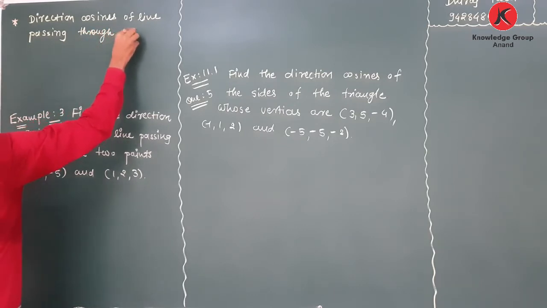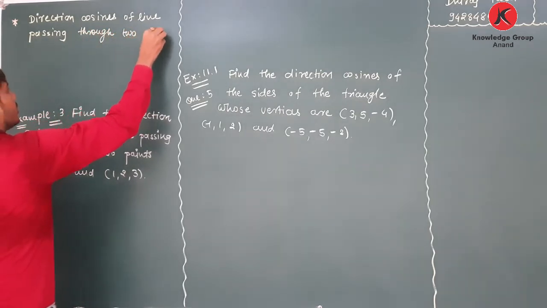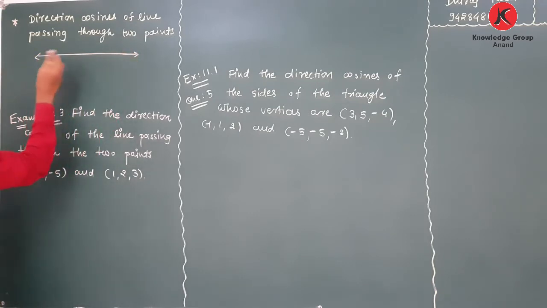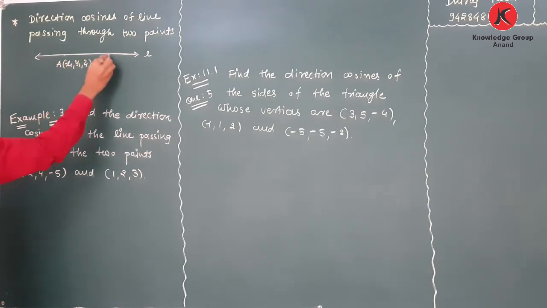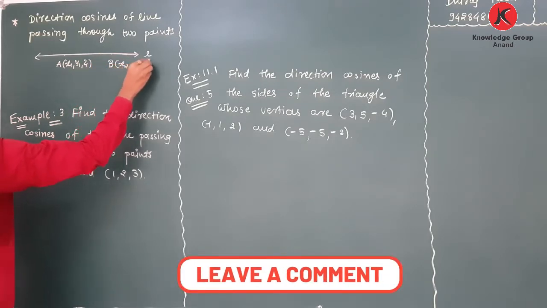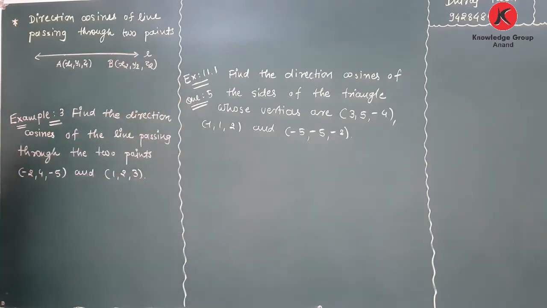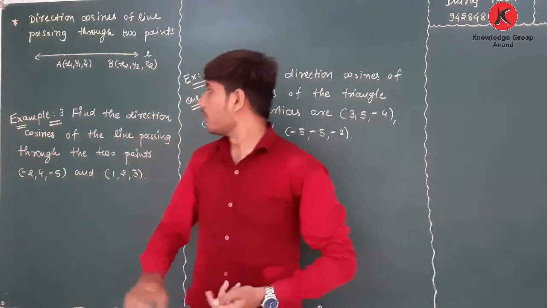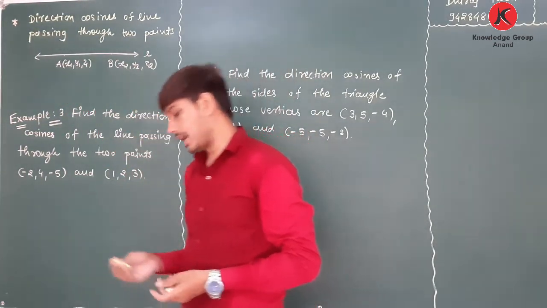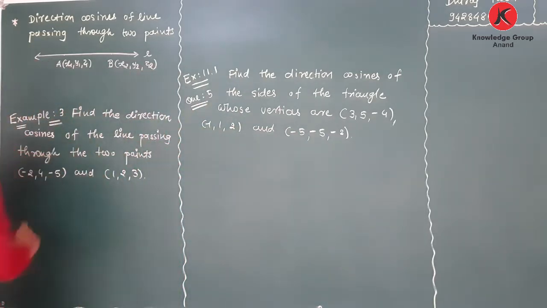If the line is passing through two different points, then how can we calculate the direction cosines of that line? Suppose this is our line L. The line L is passing through the point A (x1, y1, z1) and the second point B (x2, y2, z2).